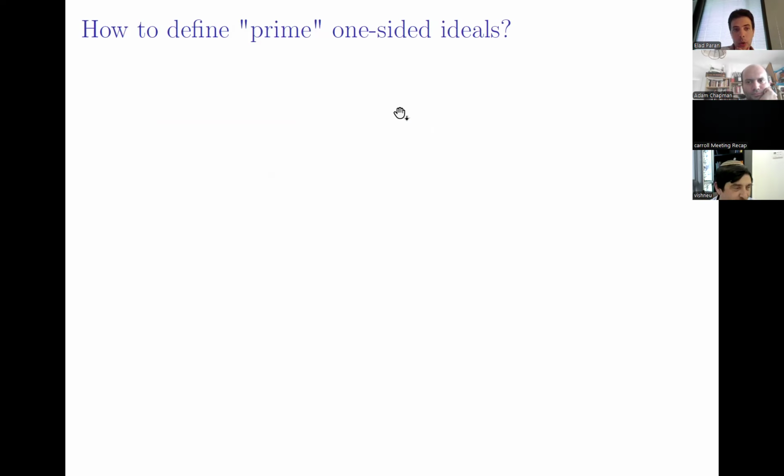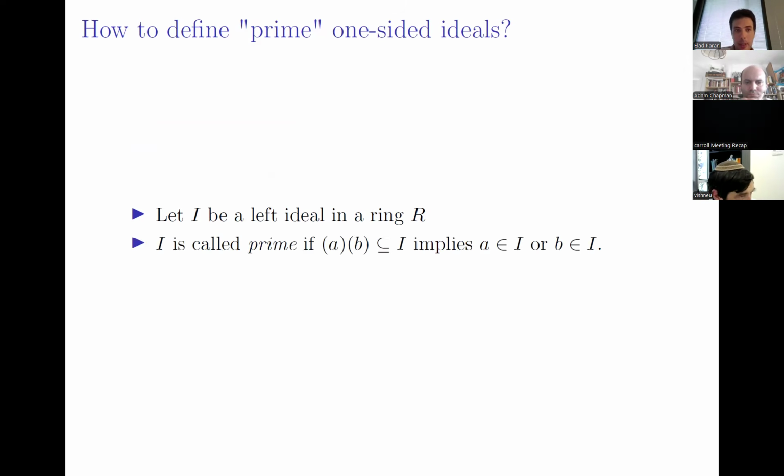Okay, so to answer this question, we need to say a few words about the notion of prime ideals or one-sided prime ideals in non-commutative algebra. So first we have the following definition.